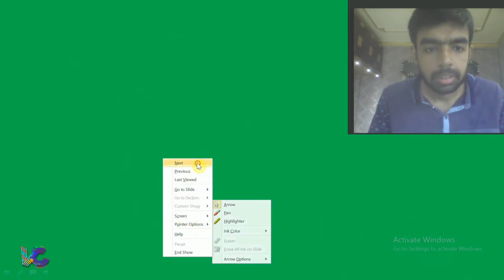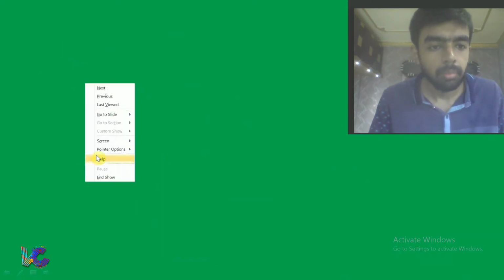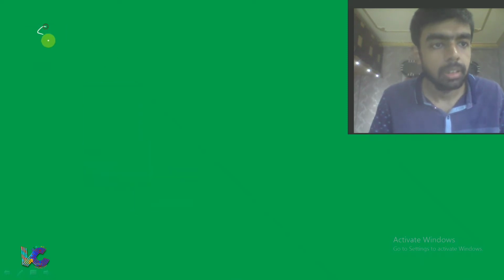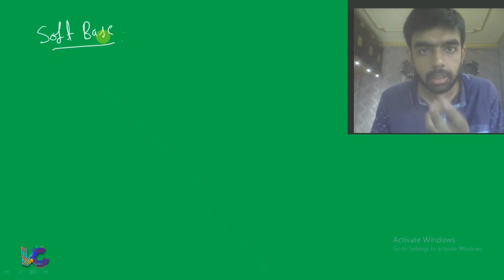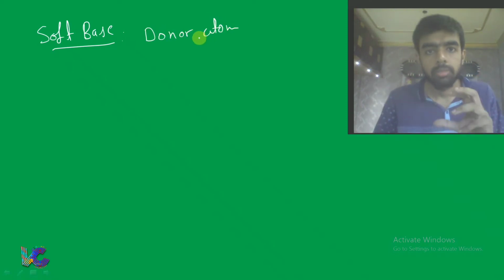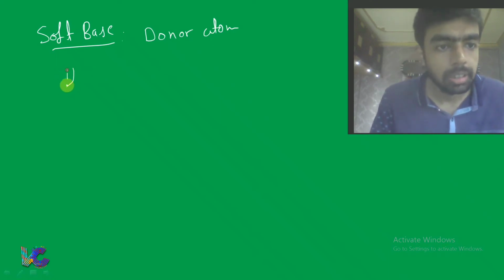Now you have soft base. Base means it is a ligand, that means donor atom. The donor atom is characterized by the following, then you can say it is a soft base.